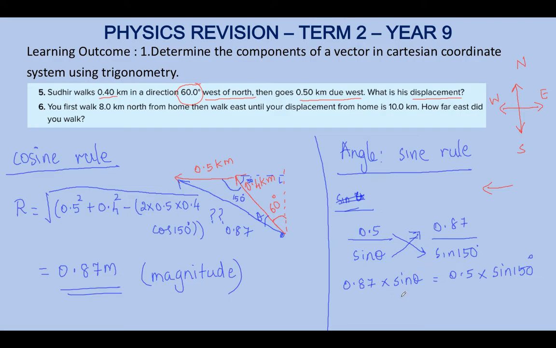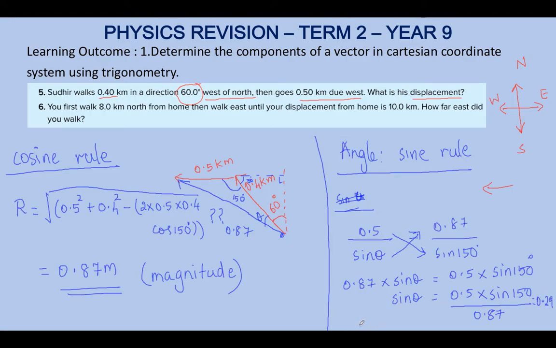Then make sine theta the subject of the formula. Since it's multiplication, it becomes division here. So sine theta equals 0.5 times sine 150 upon 0.87. When you compute all this, you should get 0.29. You can pause it in between, do the calculations, and then check the answers. I think you get 0.29 here.